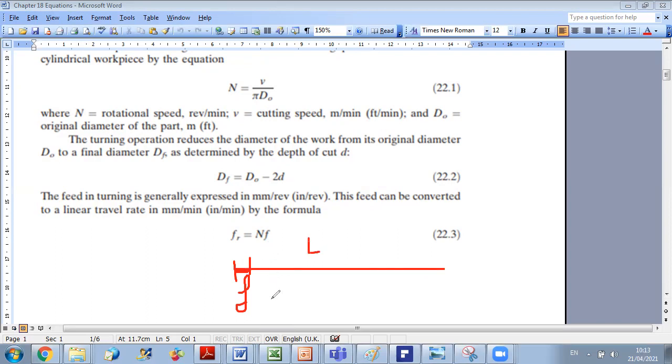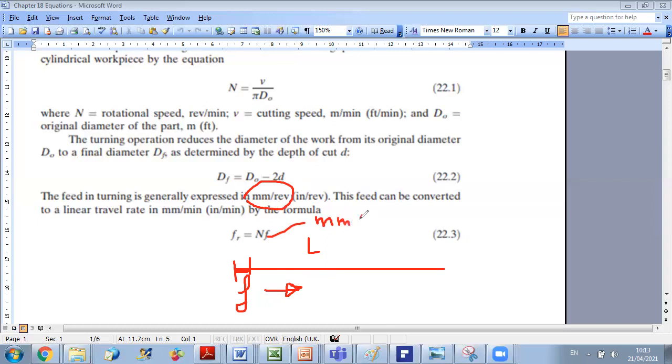So if you want to know the advancing velocity of your tool, how much I am moving my tool in millimeter per minute or millimeter per second, you can use whatever unit. If you know the value of f, how I am advancing per revolution, and you know the frequency of rotation, fr, the frequency of rotation can be related to the feed, because the feed unit is millimeter per revolution.